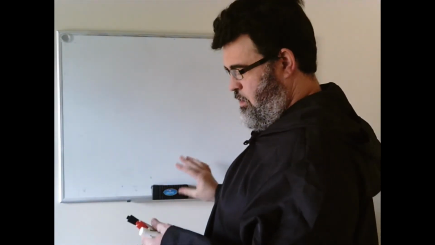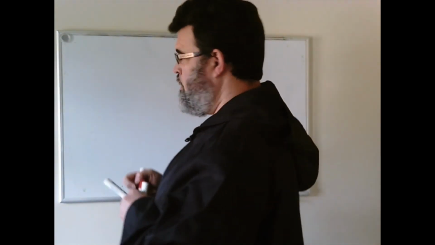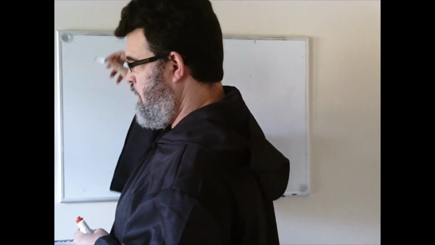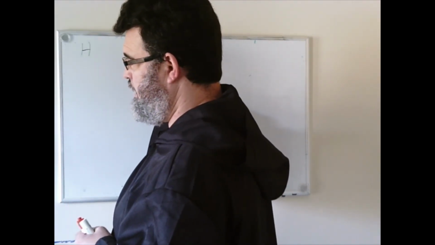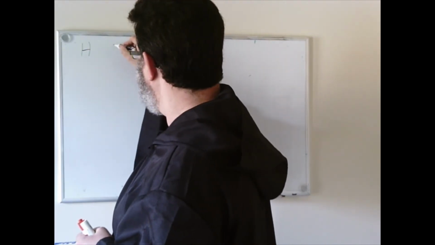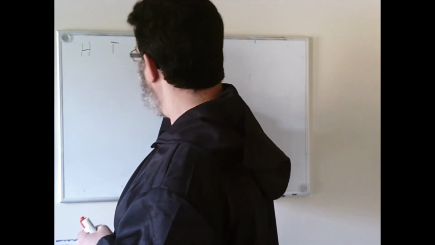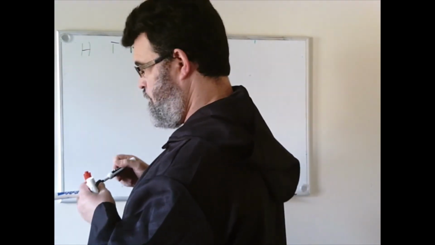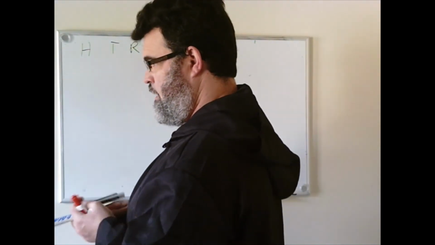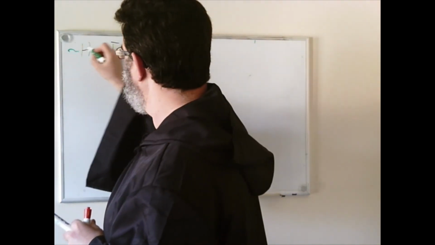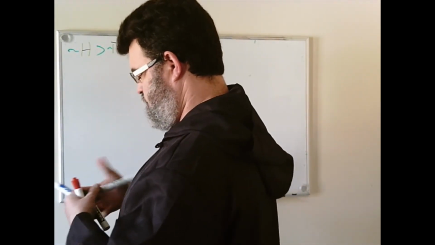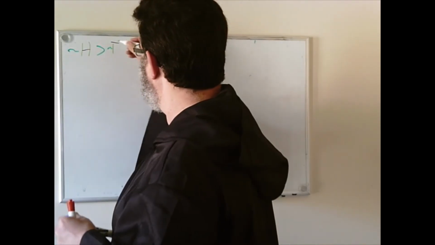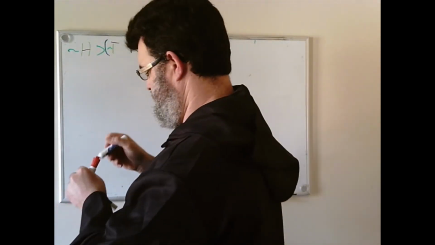So consider this argument right here. My first premise is going to be not H, then not T, then not R. So we got a T, and I got an R. Let me do my, and of course, blue is the color of my parentheses.